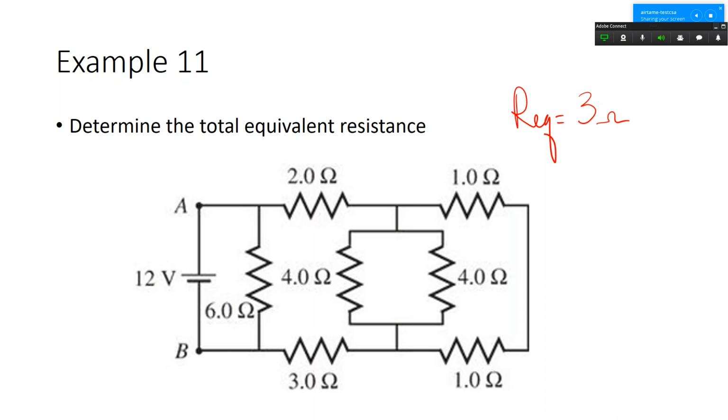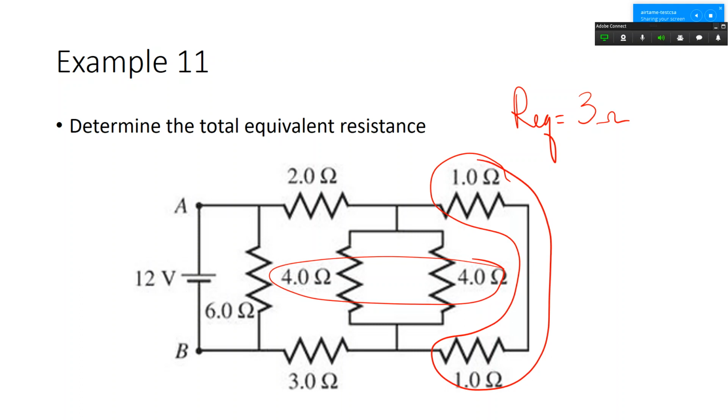The two 4s, you're going to add these two together, theoretically, yeah. And then what? These two together, these are in series. And then you would add all of these together. If you add all of these together, you get an equivalent resistance of 1 ohm. And so that puts it in series with 2, 1, and 3. So that would be 6. And that 6 with this 6 in parallel would give you a 3 overall.